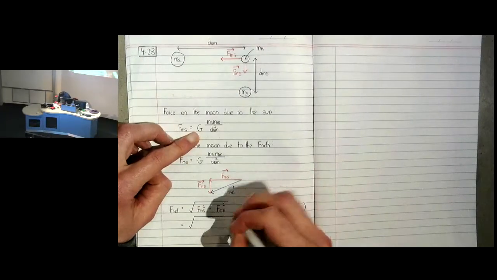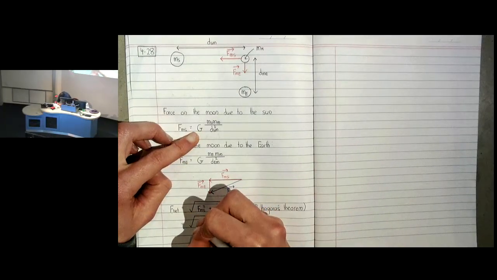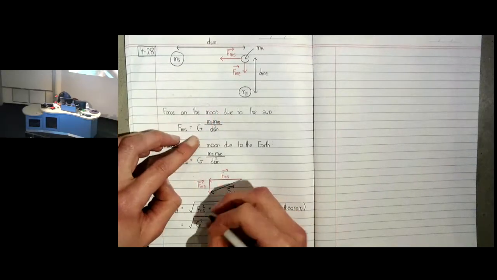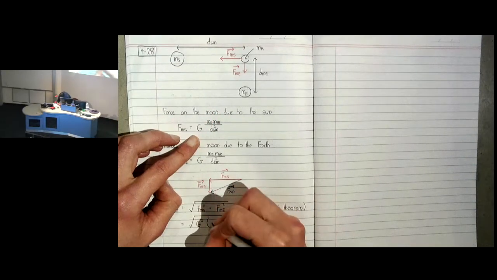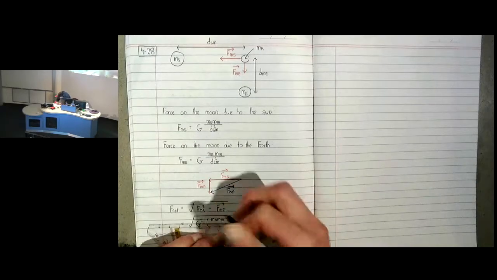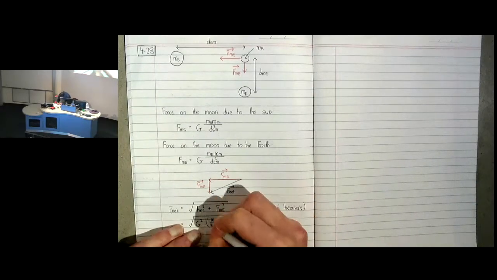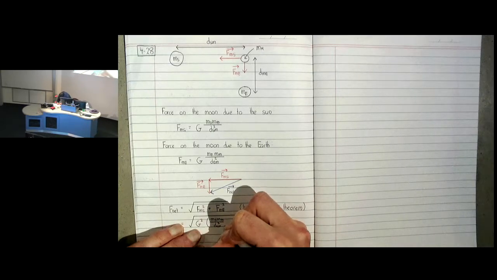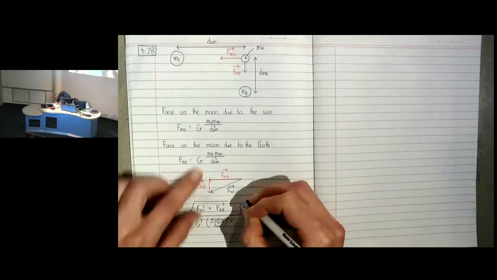something like this. So I'm going to have a G squared multiplied by all this stuff squared. And then the same for this one.